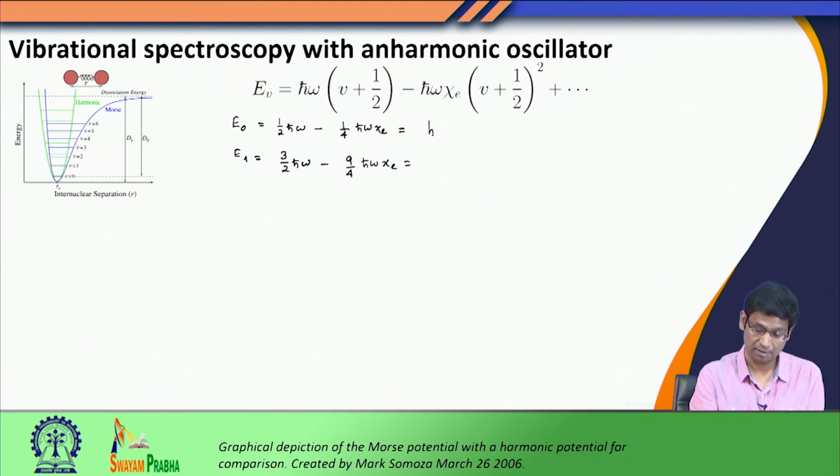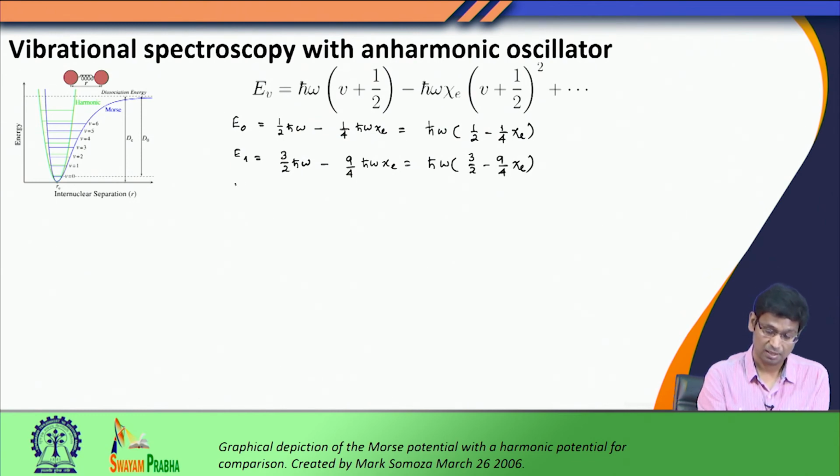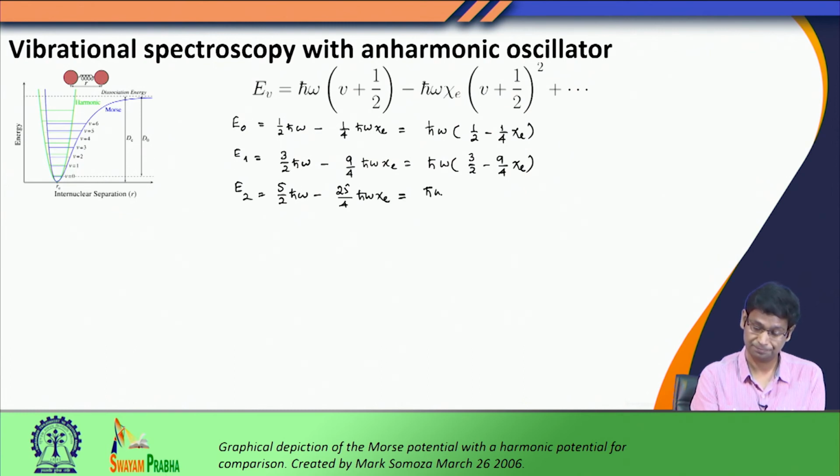We can simplify them by considering h bar omega times half minus 1 by 4 chi_e, or simply h bar omega times 3 by 2 minus 9 by 4 chi_e. For E_2, when V equals 2, this becomes 5 by 2 h bar omega minus 25 by 4 h bar omega chi_e, and so on. Now these are the energy levels for an anharmonic oscillator.